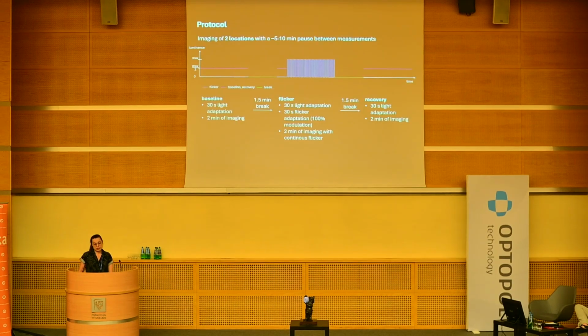The imaging sessions at the previously selected locations were separated by a 5 to 10 minute break. Each imaging session starts with 30 seconds of light adaptation followed by 2 minutes of imaging. After that, the participants sat for a 1.5 minute break. For the flicker part, between the light adaptation and imaging, there were 30 seconds of flicker adaptation.